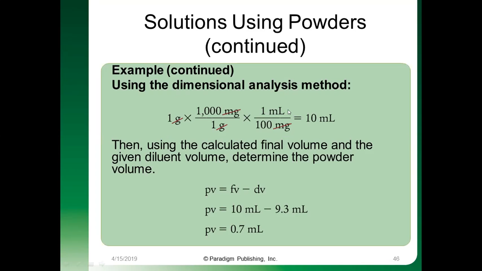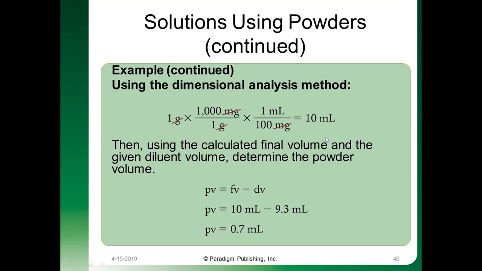Using our concentration, mLs over 100 milligrams times 1,000 milligrams per 1 gram times 1 gram, because that's what we have. This is our conversion factor, and this is our concentration. So milligrams cancel, grams cancel. 1 times 1,000 times 1 divided by 1 divided by 100 gives us 10 mLs.